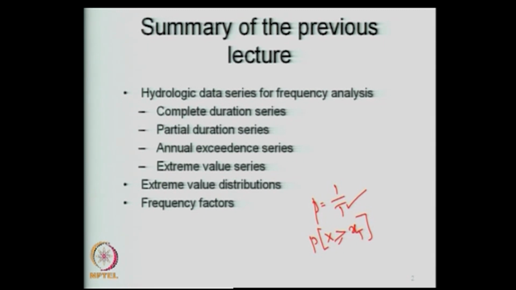In such situations, we use the concept of frequency factors. So, in the frequency factors, you recall that the basic idea is that you are writing x_T as x bar plus K_T times sigma or S if you are writing for sample, or more generally you write it for the population as mu plus K_T times sigma. So, if you are writing for the sample, you write K_T times S, and these are called the frequency factors.